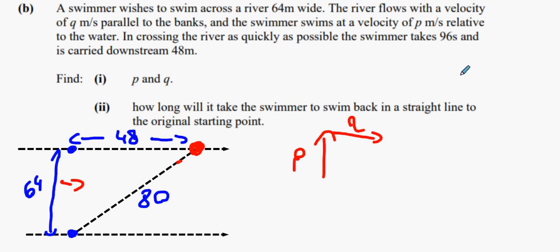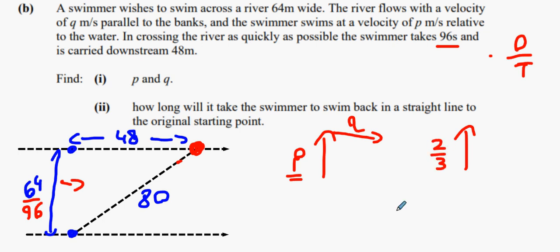And it says it takes 96 seconds. So, what's 64 divided by 96? Anybody? Distance divided by time. You travelled 64 metres upwards, which is all down to P. So, 64 divided by 96 is 2/3.